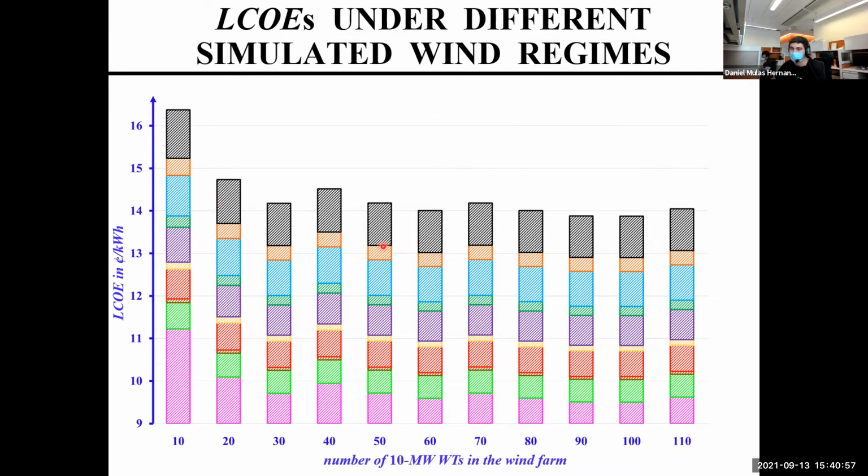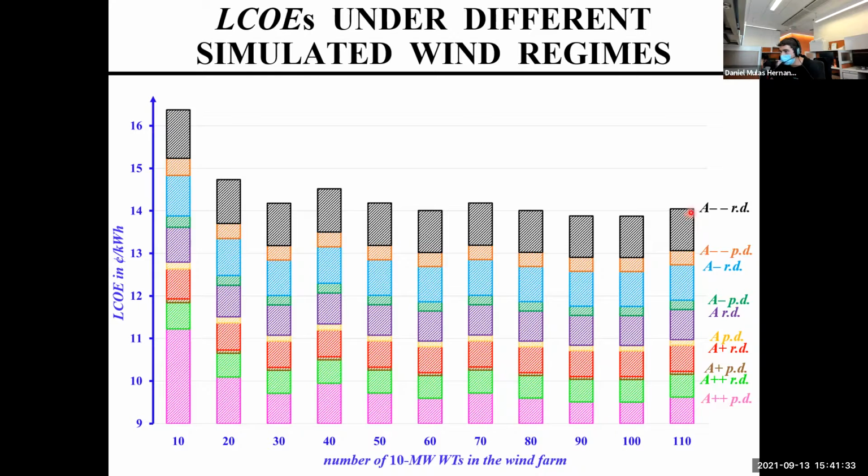But basically what we observe is that the economies of scale are well represented, and if we compare the LCOE values of a reference design and a proposed design under the same wind regimes, we will observe that for the A wind regime, the reference design obtains higher LCOE values than the proposed design, and the same happens for all the wind regimes that we have simulated. Reference design with higher values.